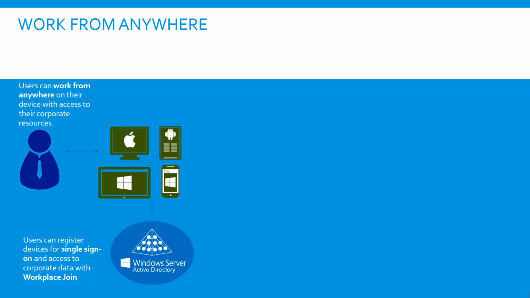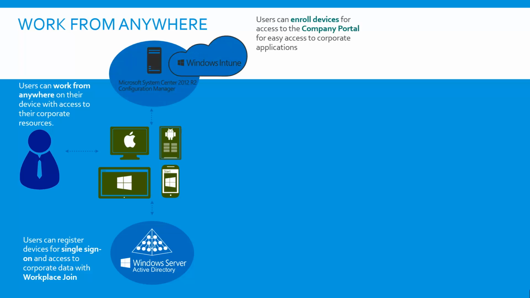But they start to have that seamless experience as they're using their domain corporate credentials to log on and enroll their devices. Now, if they sign up for this workplace join, or they can enroll it within Configuration Manager, and then we can start to provide the services that we say are best to be used on that type of device.